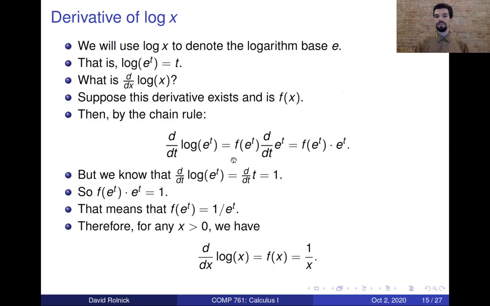Okay. So, derivative of log x is 1 over x. This is another reason why e is important, because 1 over x is kind of an important function, and the thing that gives you 1 over x as its derivative is really important, and that's log base e of x.